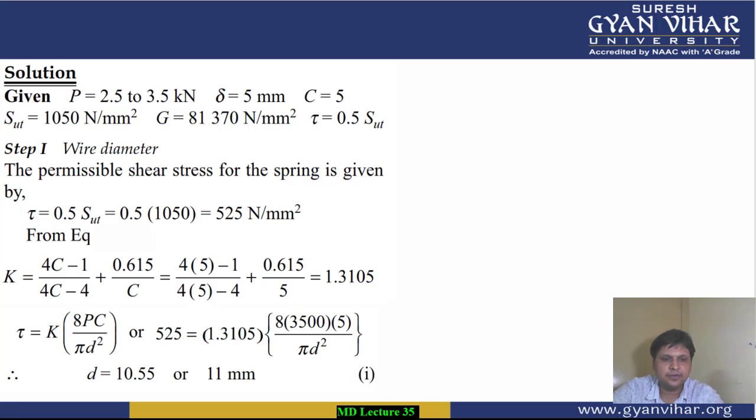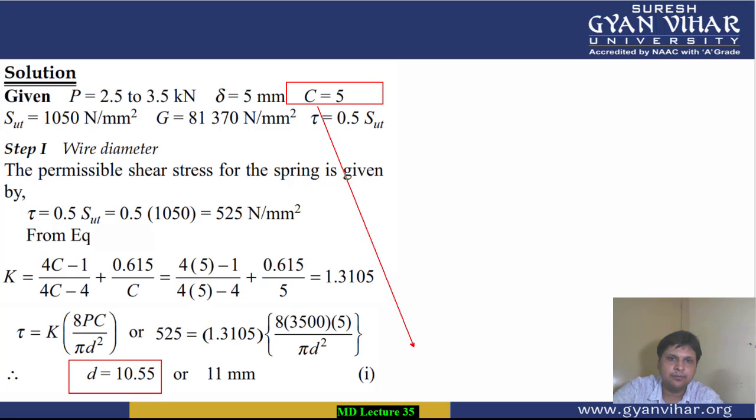Now, as we have done in the previous numerical, similarly here also, based on this wire diameter and this particular spring index, we are going to calculate the value of coil diameter. How? We all know that this particular value of C is the ratio of what? Coil diameter divided by wire diameter.